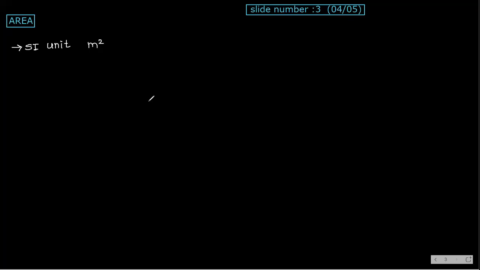Suppose now first one I am taking, centimeter square to meter square. How to convert? So 1 centimeter square is nothing but 1 into 10 power minus 2 meter whole square.